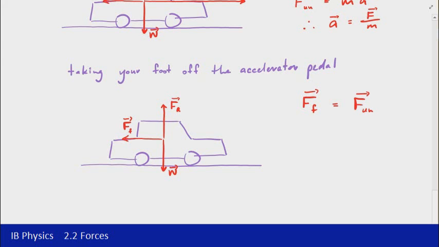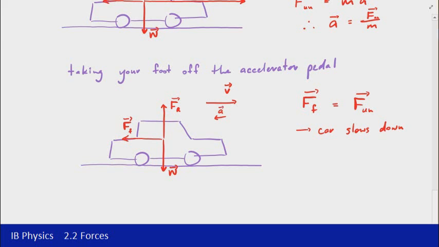And because that frictional force is providing an unbalanced force, we'll again see, as we did before, that the acceleration will be the unbalanced force divided by the mass. In this case though, the car will slow down because, as we said before, velocity is in that direction, but now the unbalanced force is causing an acceleration in the opposite direction.